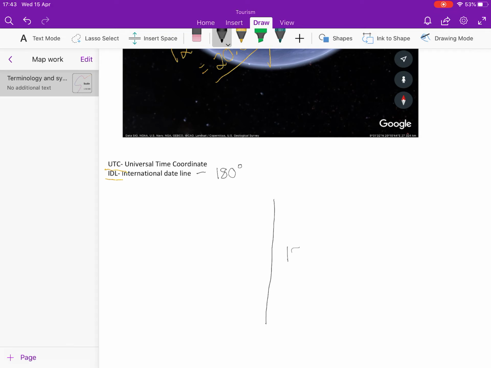On the one side of the line, it would be a certain date, and on the other side of the line, it would be the day before. As the earth rotates, the date will change when it crosses that specific line. When it crosses the international date line, the date goes on to the next day.